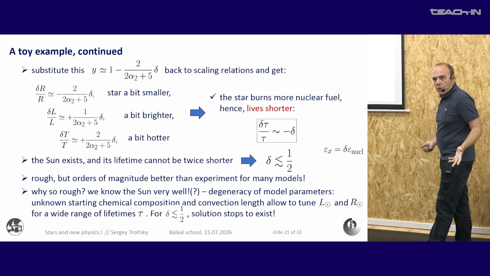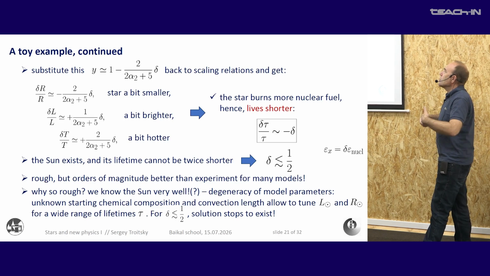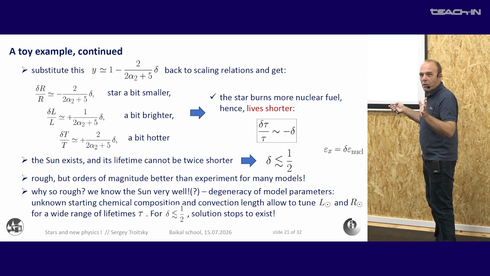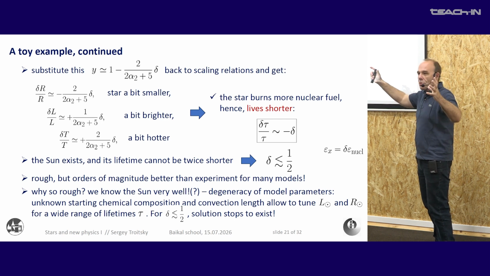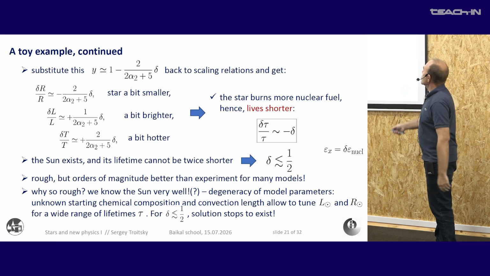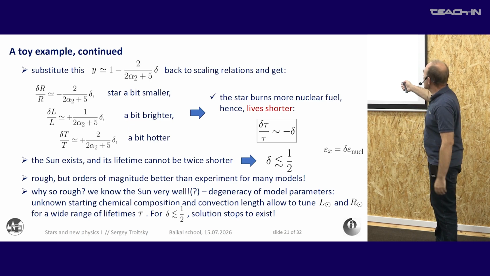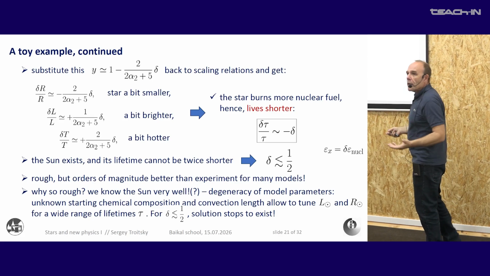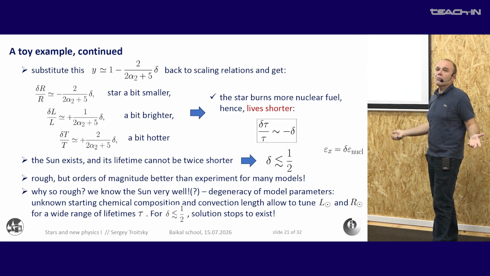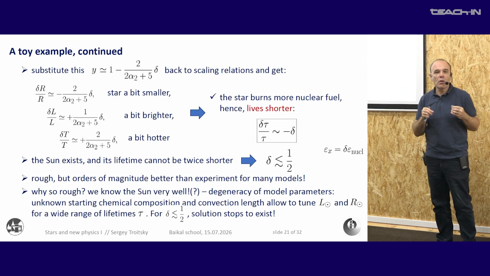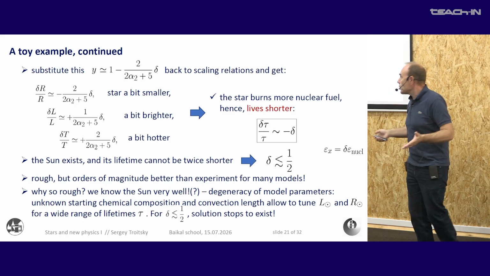How can this happen? How can it become brighter? It loses more energy to radiation. That means that it produces more energy in the center. So the consumption of nuclear fuel becomes faster. And unfortunately, this virtual star lives shorter. If we consume our fuel faster, we live shorter.